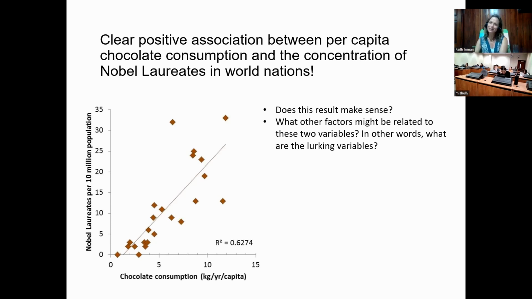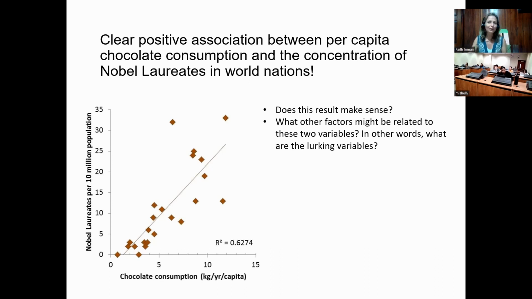Yeah, but what would the mechanism be for that? I mean, does eating chocolate really make you so much smarter? Because I'm willing to give it a try. I'll eat as much chocolate as necessary. Or could there be something else going on? What other factors might be related to these two variables?